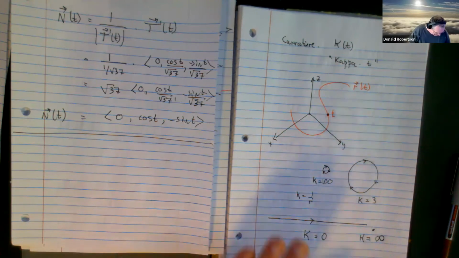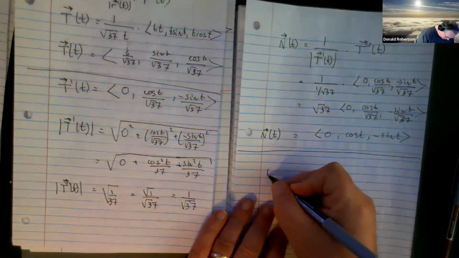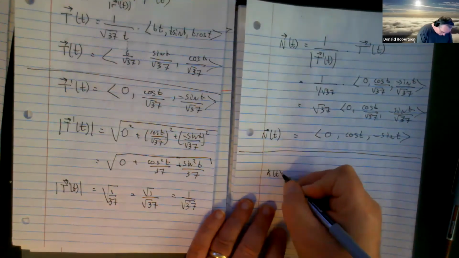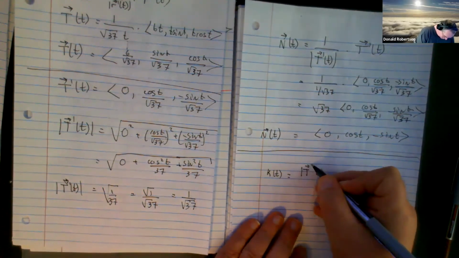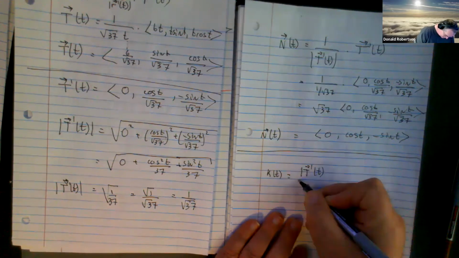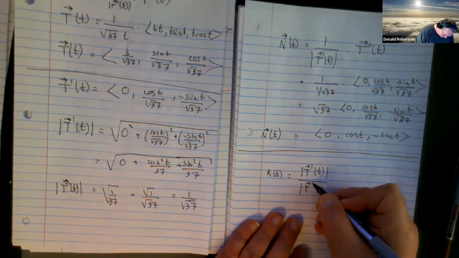So I've given you the background of what it is that you calculate. So let me tell you the formula for doing it. The curvature at t, kappa of t, is the magnitude of that guy divided by the magnitude of this guy.